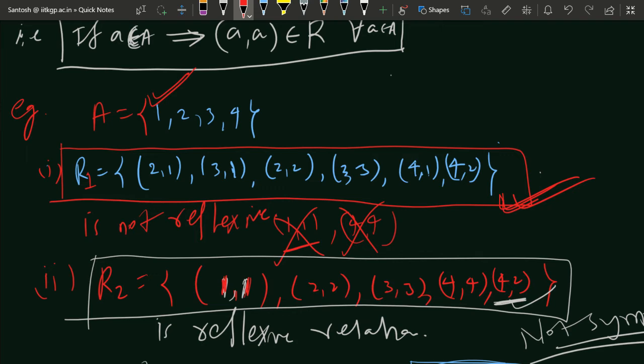Yes, sir, it is transitive. Okay, it is transitive. How did you check? Taking the first two sets, we can say 2 comma 1 and 3 comma 1. Then 2 comma 1 should also belong to the relation.